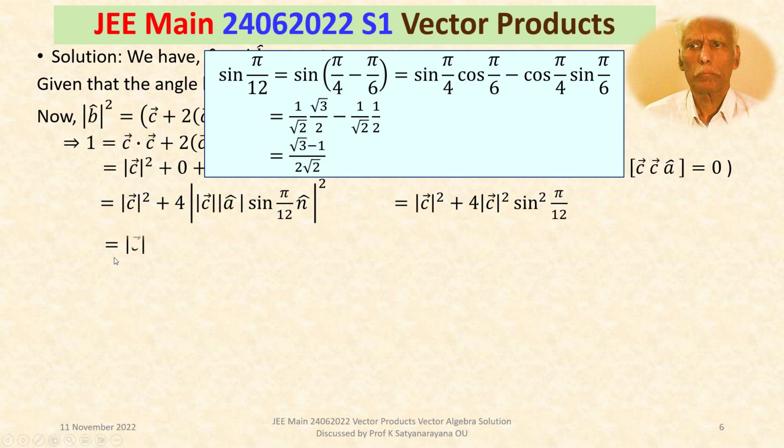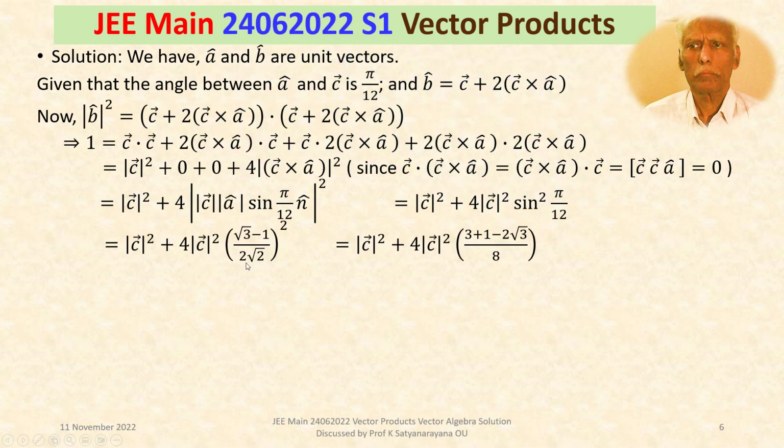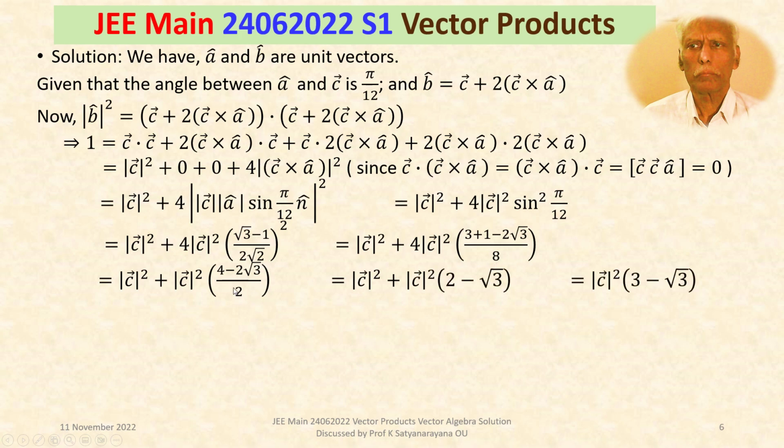So the next step, mod C square plus 4 times mod C square into sine square of pi by 12 is root 3 minus 1 by 2 root 2 whole square. And that is equal to mod C square plus 4 times mod C square into, if you square it, you will get 4 minus 2 root 3 by 8, and 4 ones are 4, 4 twos are 8, you will get 4 minus 2 root 3 by 2, and that is 2 minus root 3.